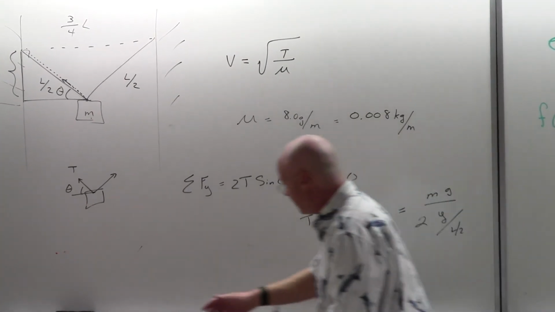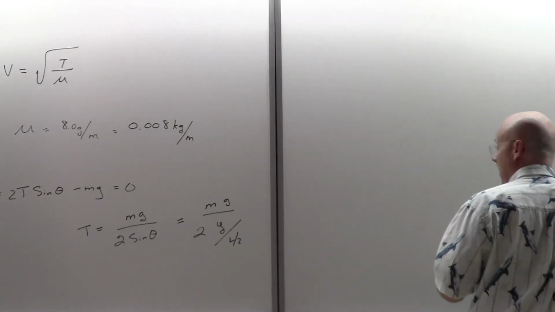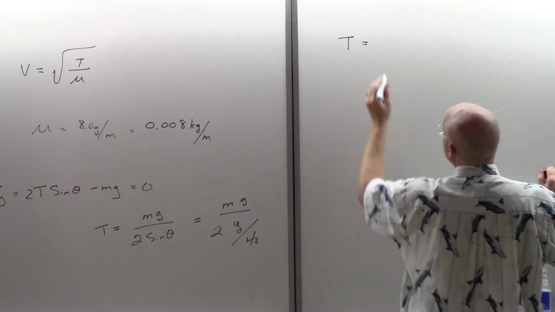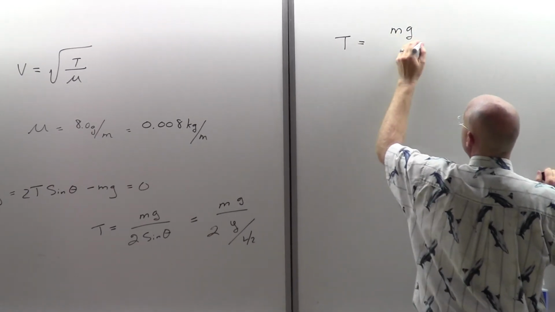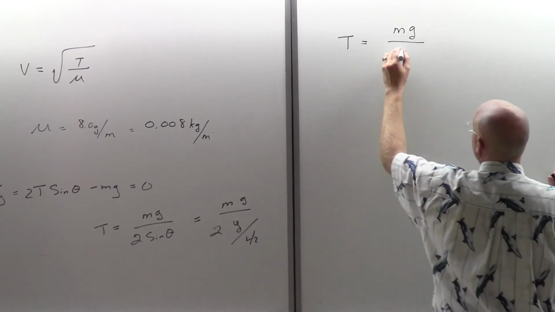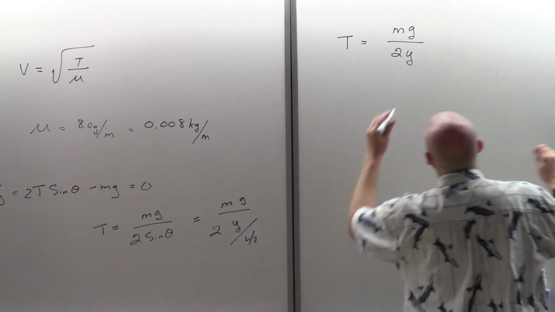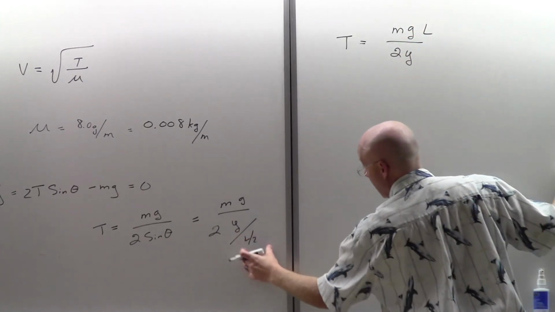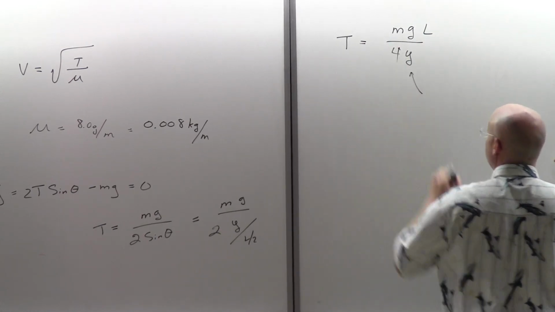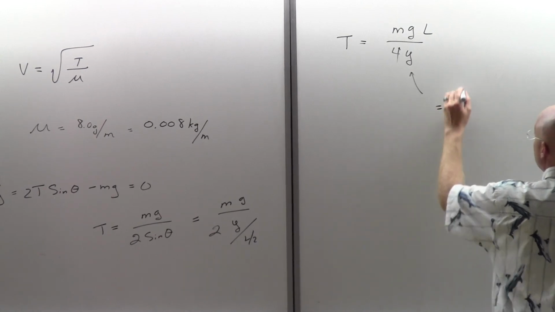So quick more steps and then we'll call it a go, especially since I think you got this last one. The tension then would be mg. I'll leave the 2y here. I will take this and put it up here. Here is an L over 2, so that's a 4. And maybe I'll finish with the y. The y, I guess, would be Pythagorean's theorem.